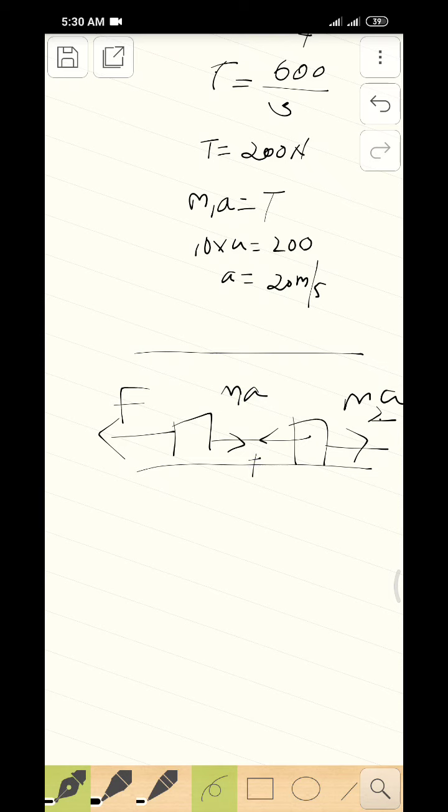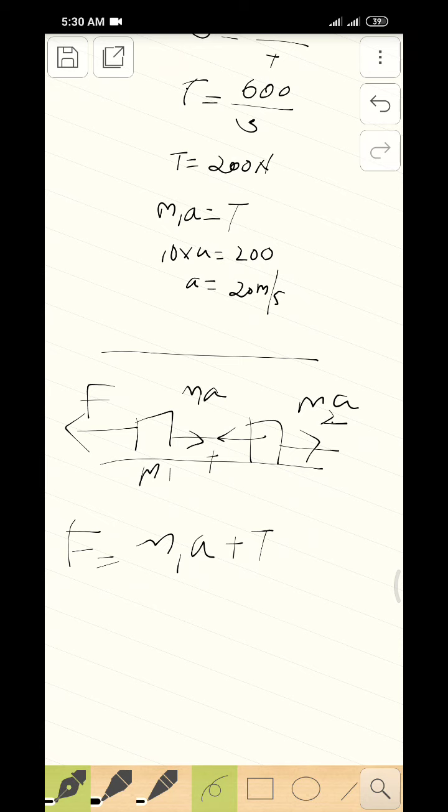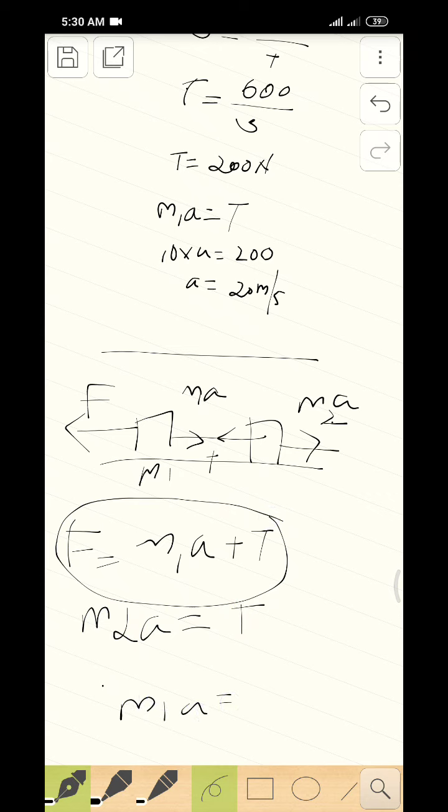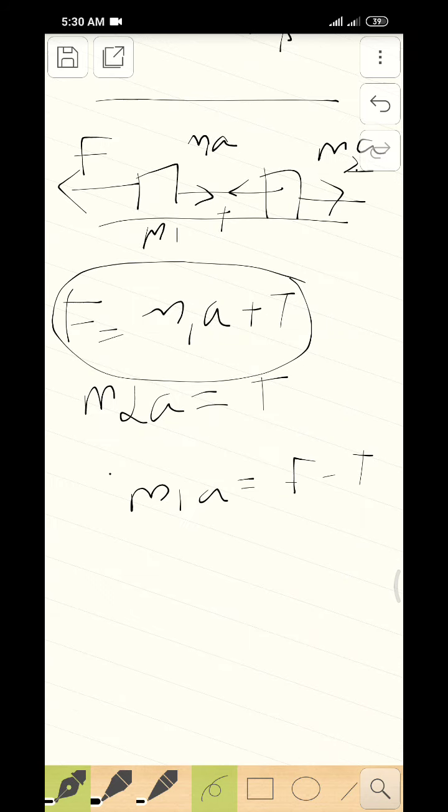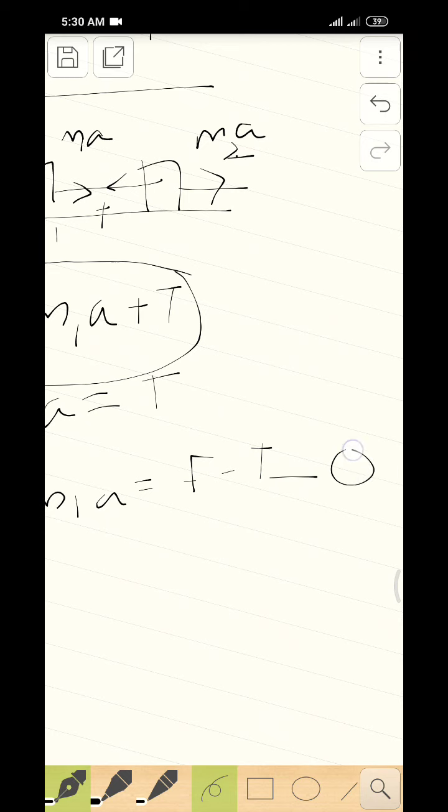If you consider the body 1, with mass m1, F is equal to m1a plus T. And in the case of the second body, with mass m2, m2a will be equal to T. Rewriting the equation, m1a will be equal to F minus T. This one is taken as equation 1 and this one as equation 2.